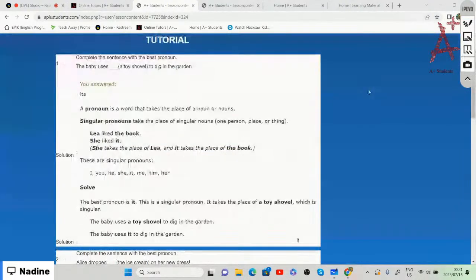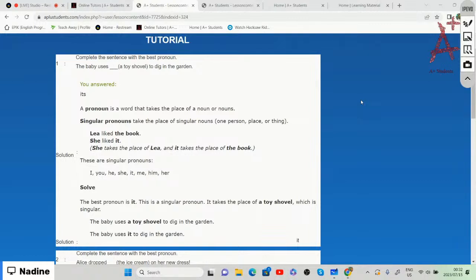So we said that a pronoun takes the place of a noun or nouns. And then we have singular pronouns, which take the place of a singular noun. And singular nouns refer to one person, one place, or one thing, right?